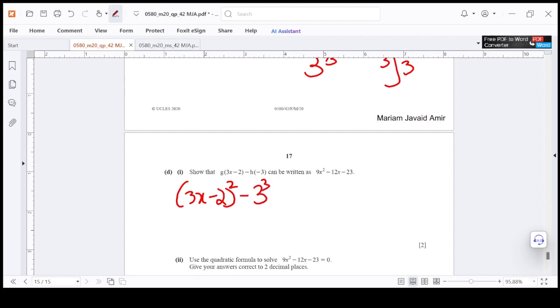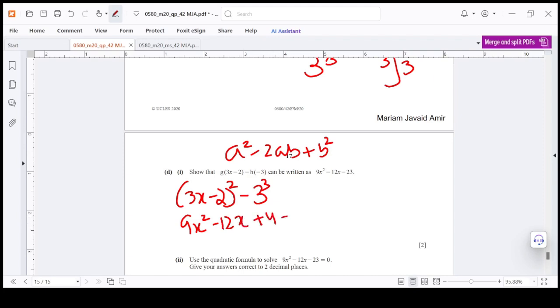So we have opened this using the identity a squared minus 2ab plus b squared. So I have 9x squared minus 4, 3s are 12, 12 2s are 24x. Sorry, 3 times 2 is 6, 6 times 2 is 12.